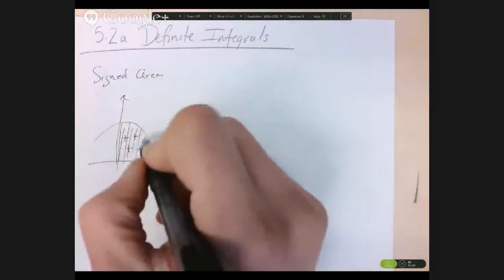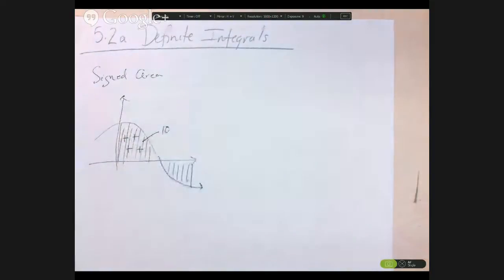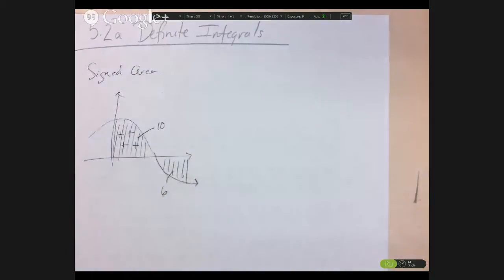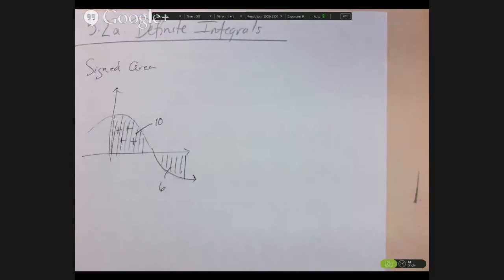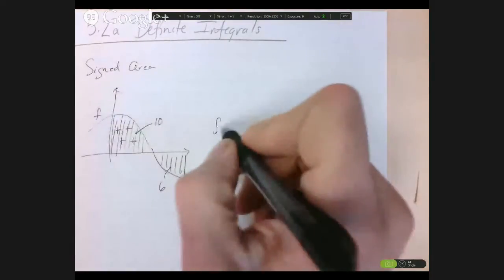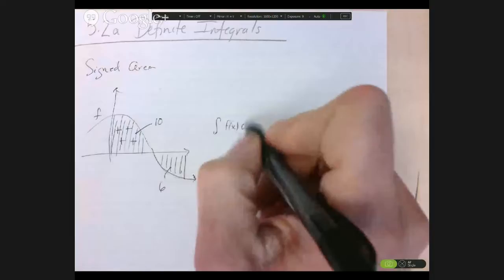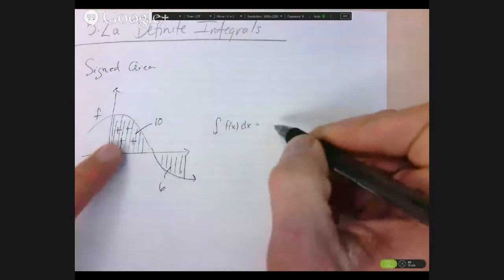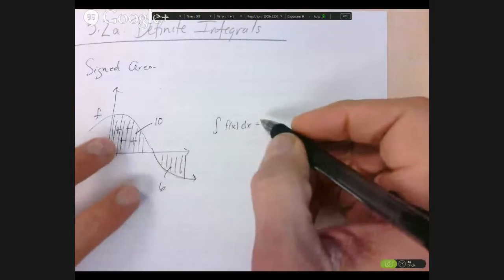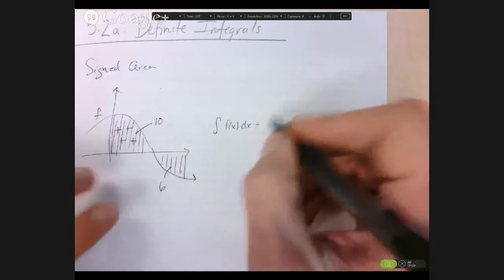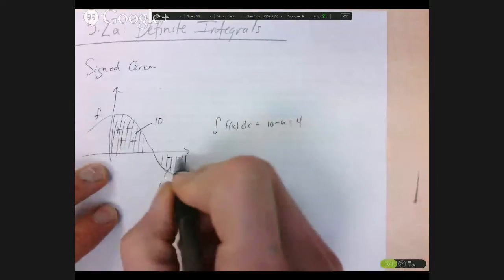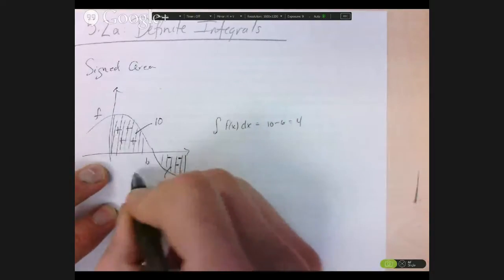So let's say this area is 10. Okay, and let's say this area is 6. Okay, the integral of that is not 16. Okay, it's 4. Because this is a negative area because it's below the x-axis.